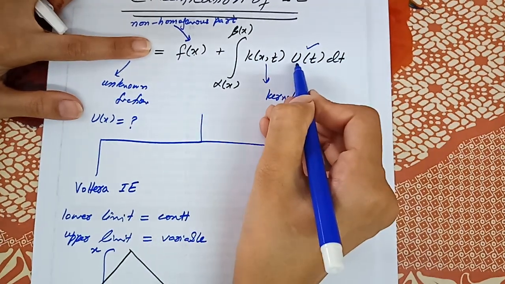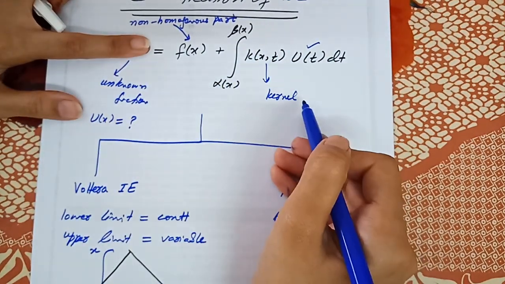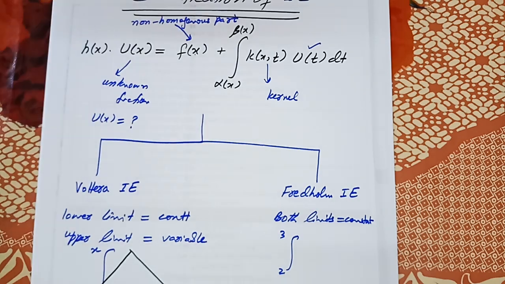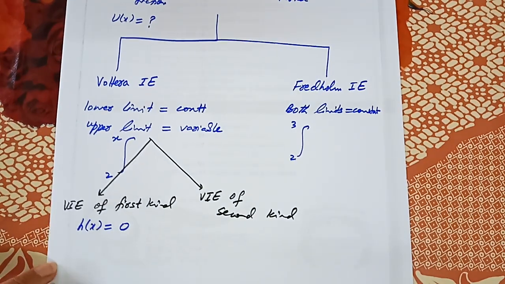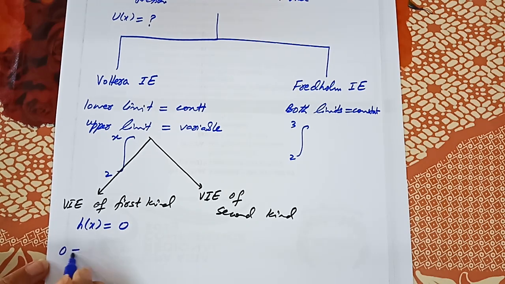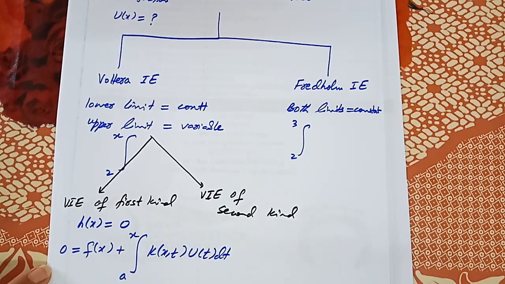If u of t is only under the integral sign and nowhere else, then this is your first kind. So in your first kind, your h of x is 0. So you will have here the equation of the type like this. The unknown function is only under the integral.